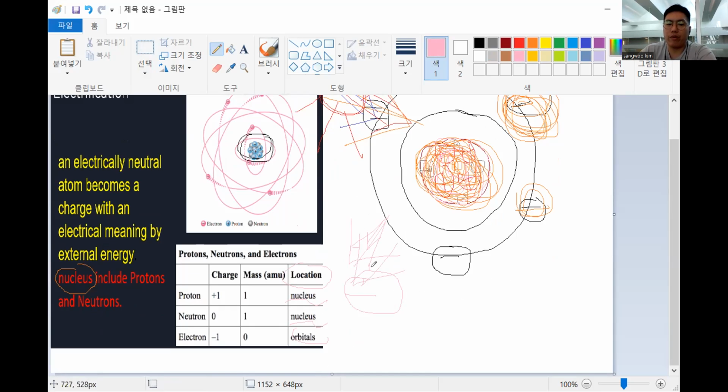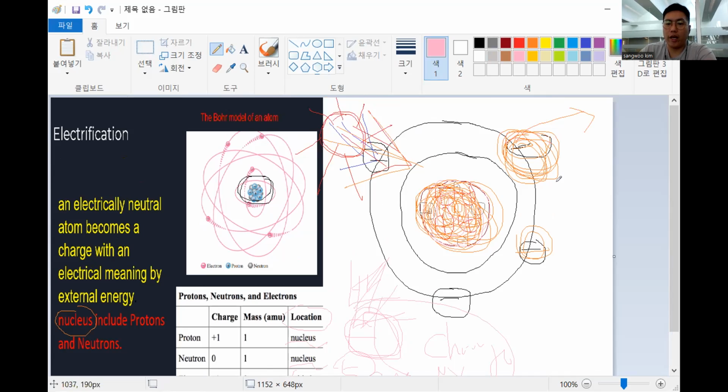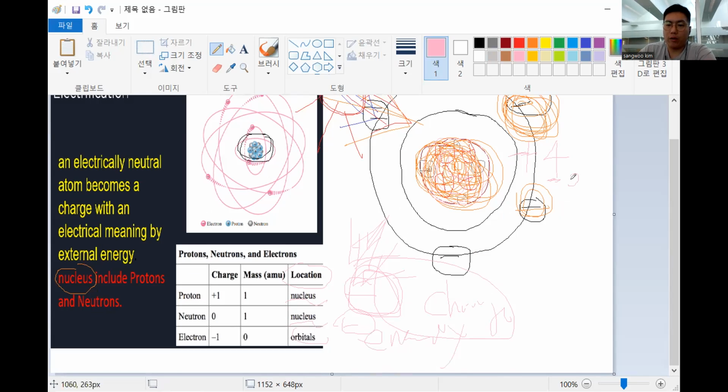And we say this is an electron. Now it has minus energy. We say it becomes a negative charge. But what about this? It has plus protons, right? But the minus electrons are now 3.